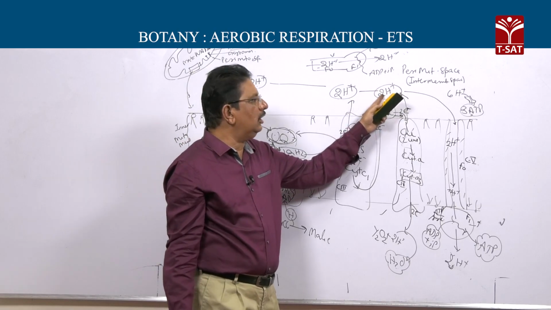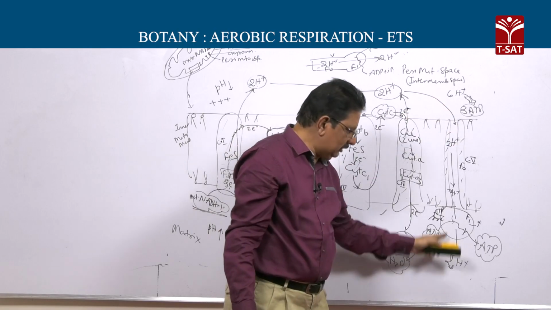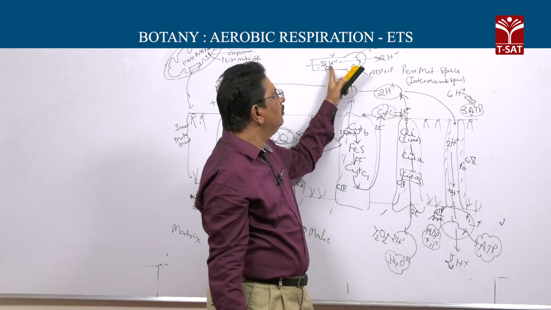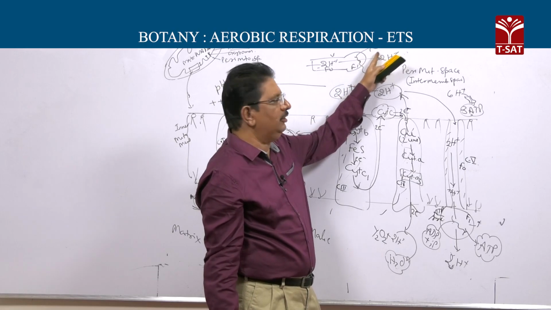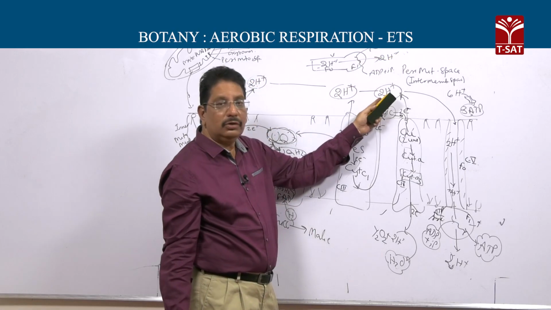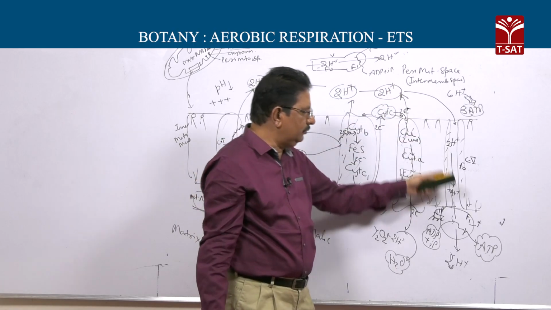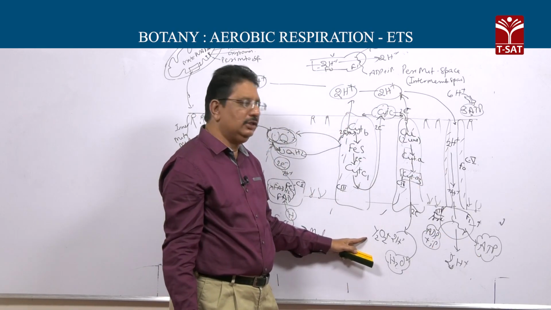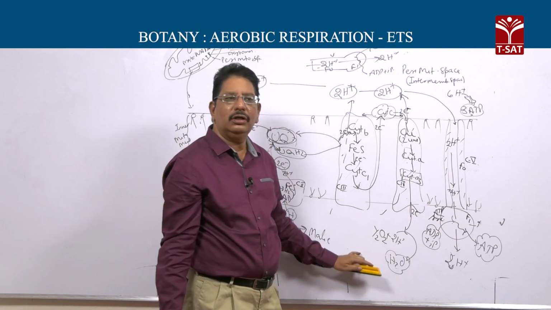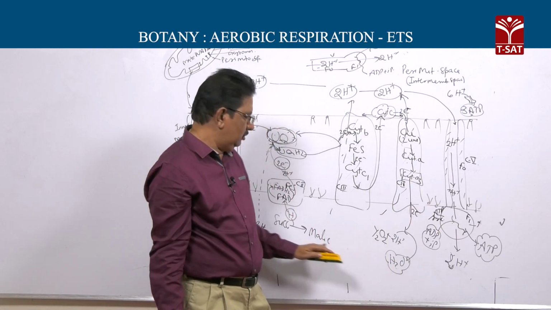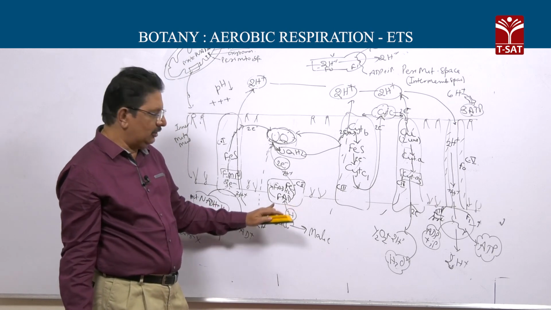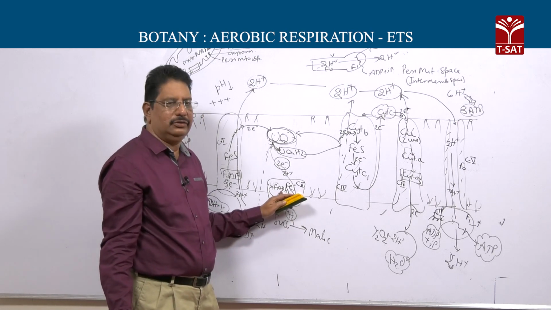Since 2 protons form 1 ATP, the 4 protons form 2 ATP, utilize 1 oxygen atom and form 1 water molecule. So the second complex is involved in the oxidation of FADH2.